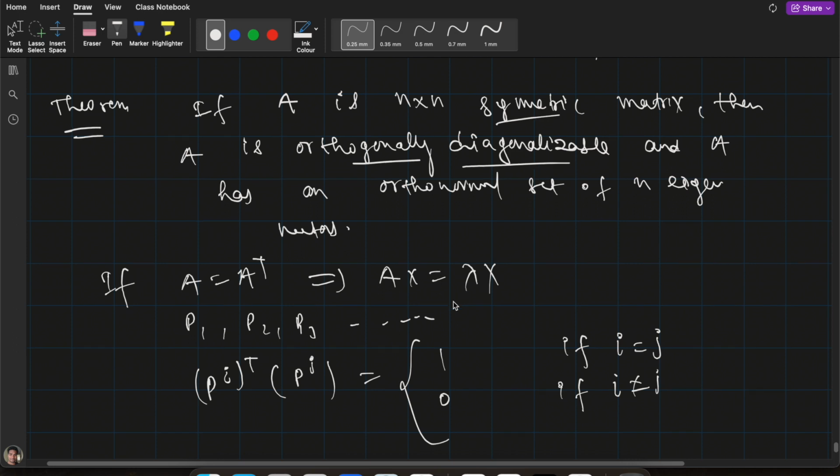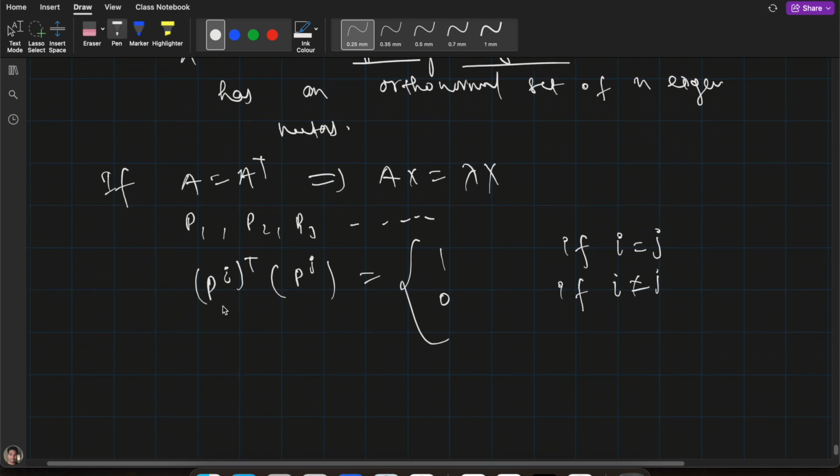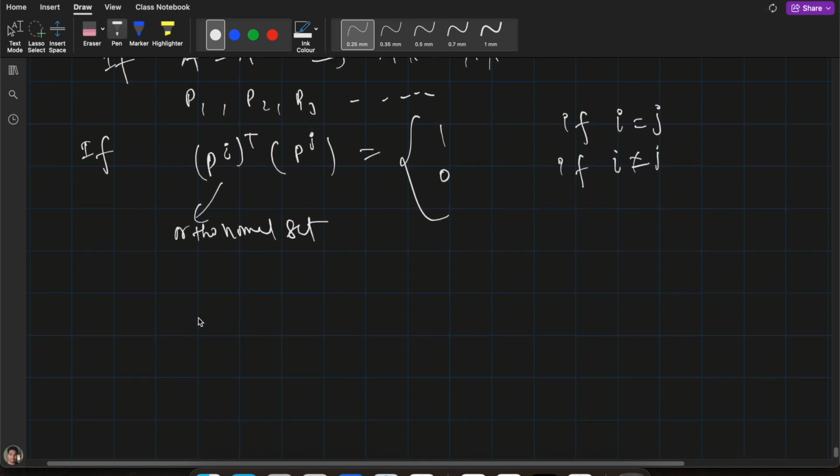Orthonormal set. Which means that suppose you are getting this p1 eigenvector, this p2 eigenvector, and this p3 eigenvector.